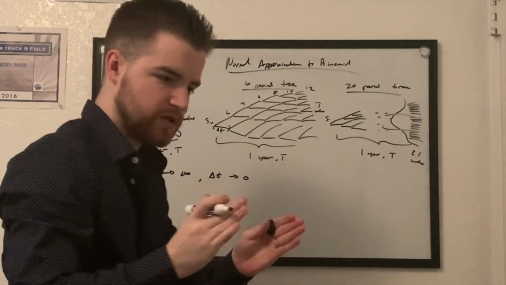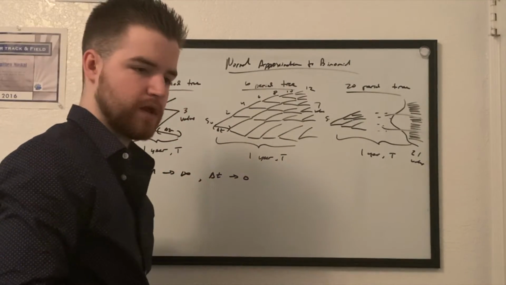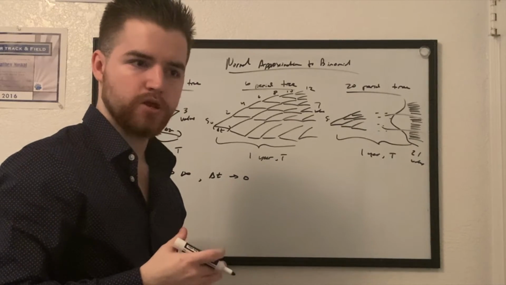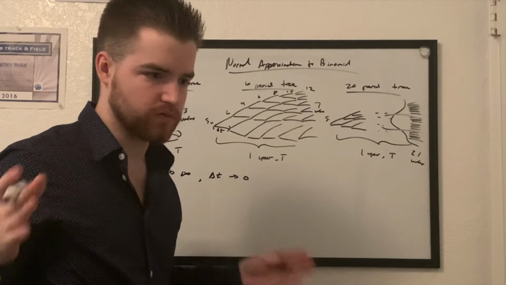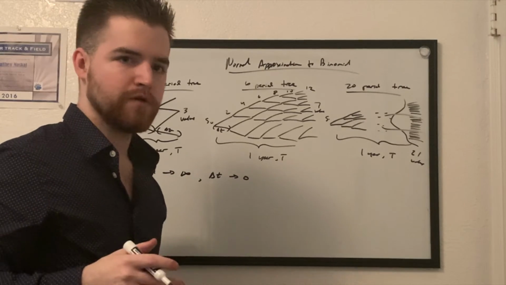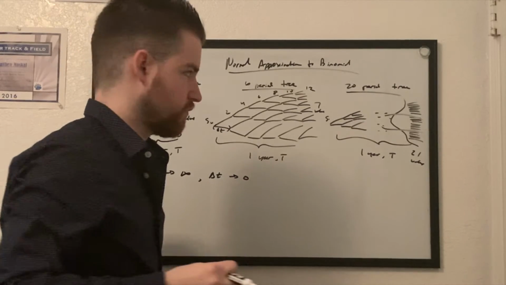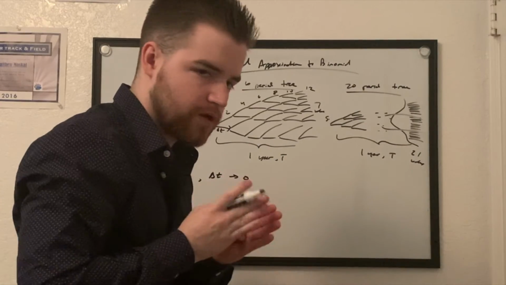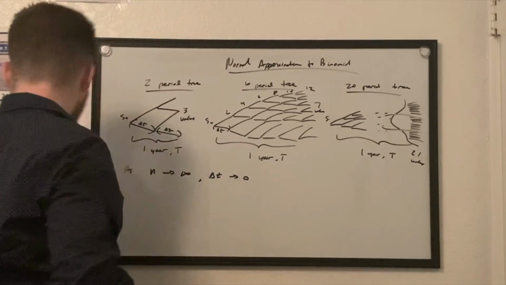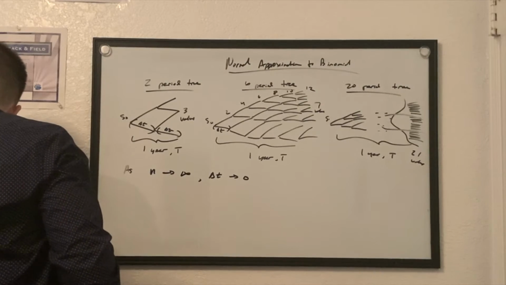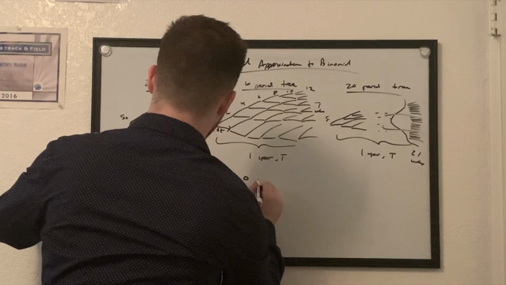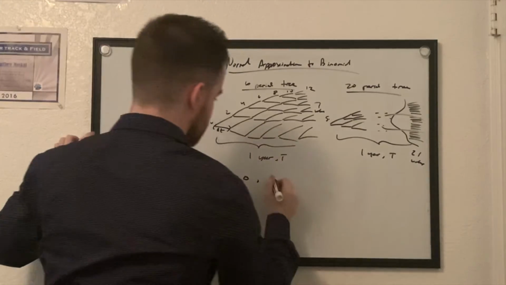We end up shrinking that time. So yeah, like I said, we could be checking it every single day. 6 months, the change in t would be 1/2 of the whole year. Every day would be 1/365, and so it keeps getting smaller and smaller and smaller. That's what I mean by the change in t going to 0. And so yeah, as the n goes to infinity, change in time goes to 0.